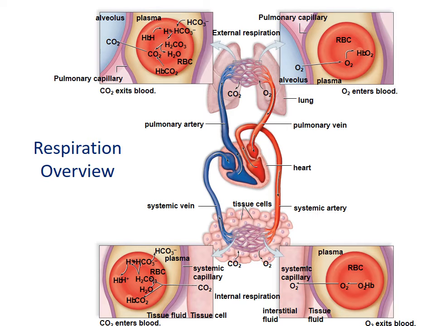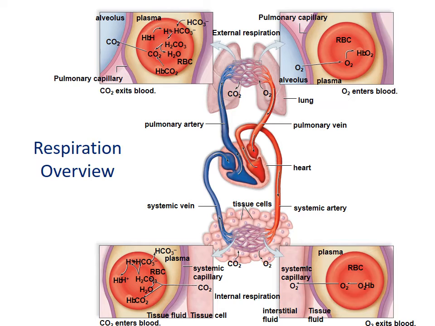So this is a busy figure, but this is just showing graphically what we just talked about on the last few slides. So when we're in the lungs, oxygen is going to diffuse from the lungs to the red blood cells, bind to hemoglobin, and create oxyhemoglobin. Carbon dioxide, bicarbonate ions that are transported in the blood plasma are going to combine with hydrogen ions to form carbonic acid.